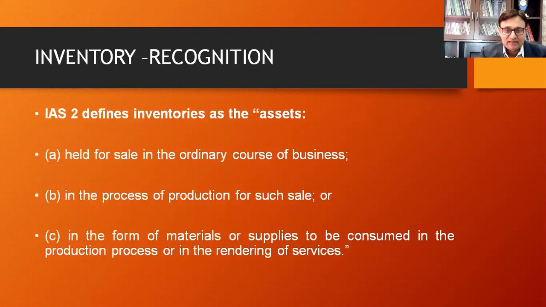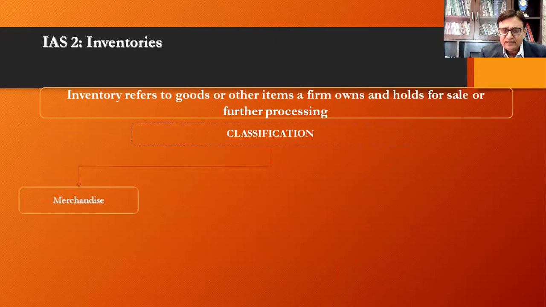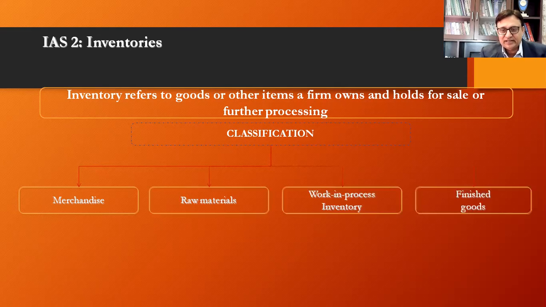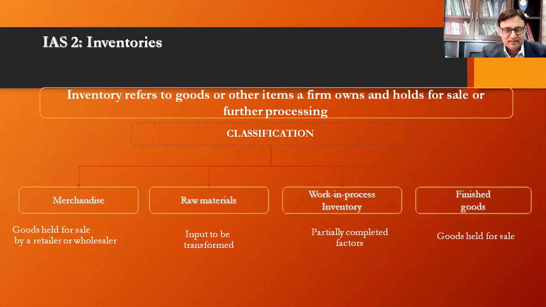To sum up, I can say IAS 2 defines the various kinds of inventories which a firm has and holds for sale or for further processing. It may be merchandise, raw material, work in progress inventory, or finished goods. So merchandise, raw material, work in progress, and finished goods will be defined as inventory.